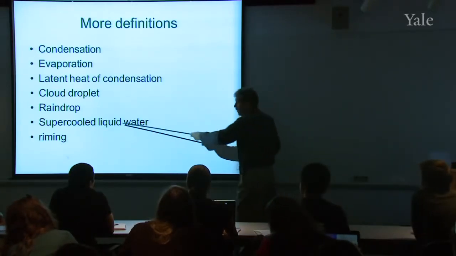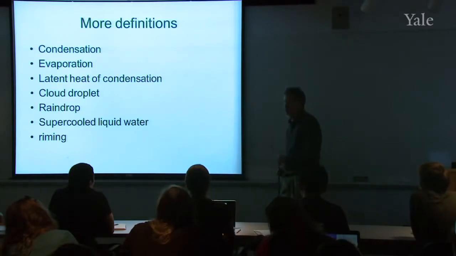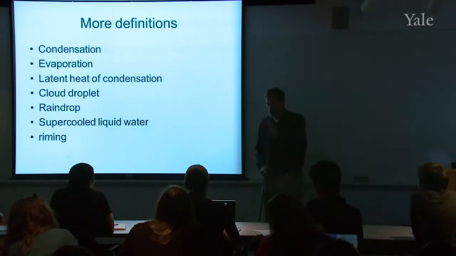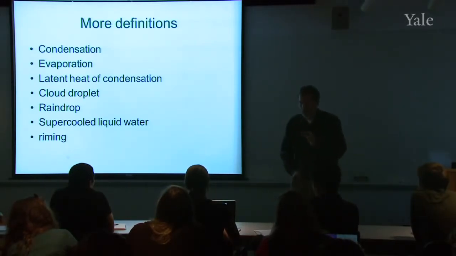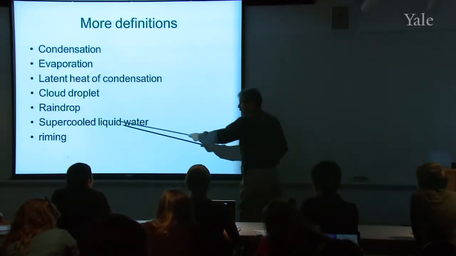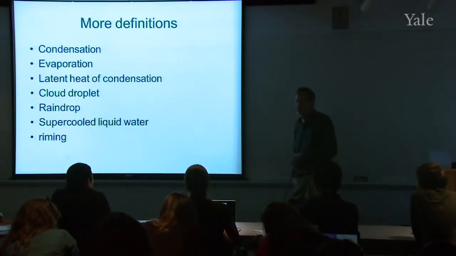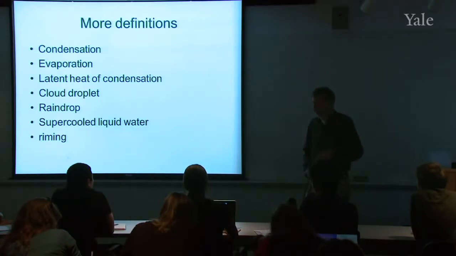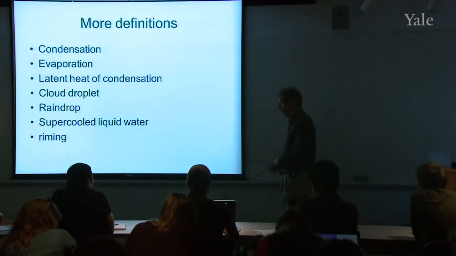We call water in that state supercooled liquid water. It wants to freeze. It's at a temperature where it should be frozen, but it needs some kind of trigger to get the freezing process started. And it turns out that plays a big role in the generation of precipitation, as I'll be describing next time.